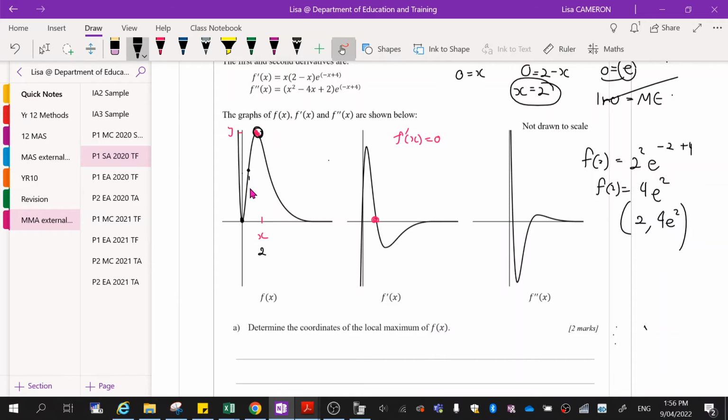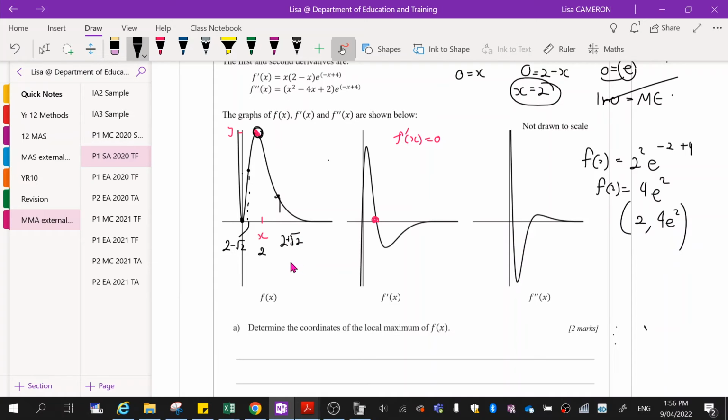There's a point around there, which would be 2 minus root 2, and then there'll be one over here somewhere, 2 plus root 2.